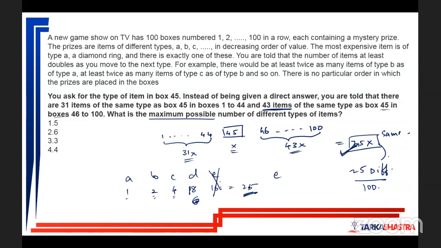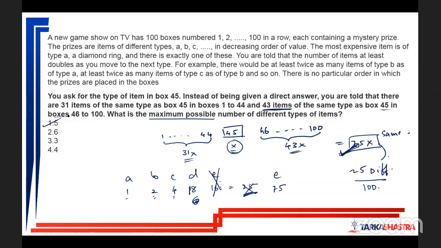And that type E would be 75. Yes or no? This X is also one of the types. So that is type E. These are the maximum number of different types we can have. So what is the maximum number of different types we can have? 5. Correct.